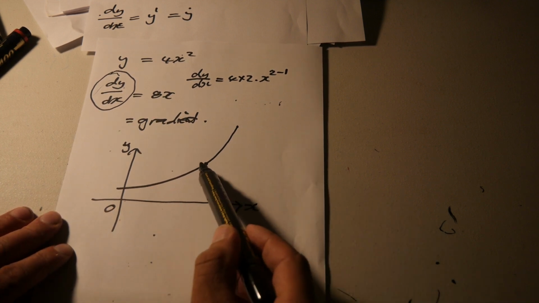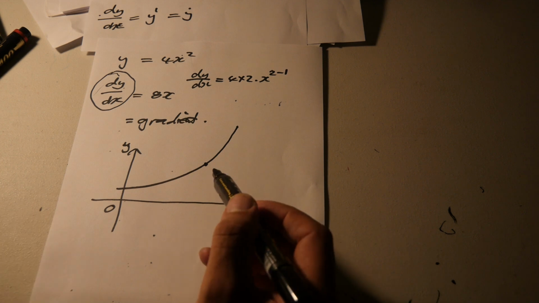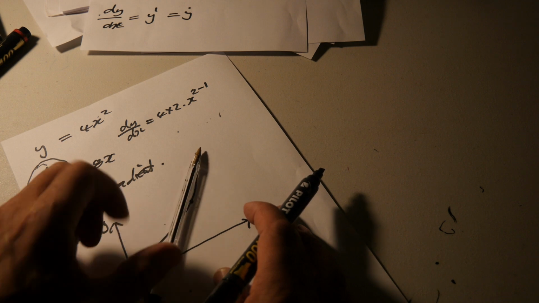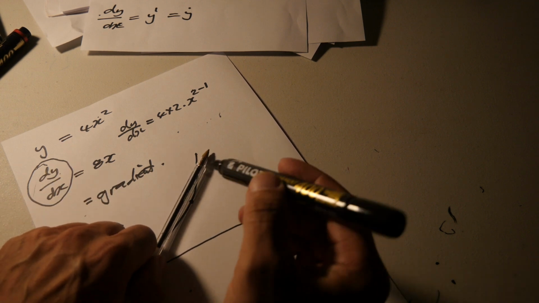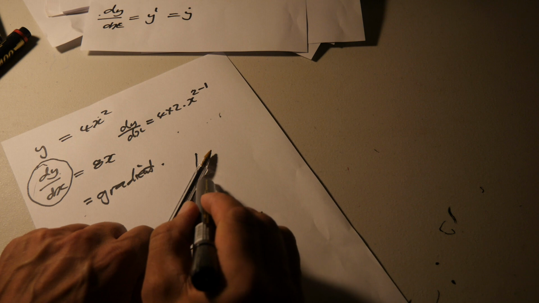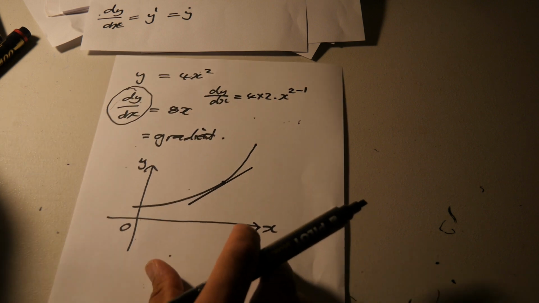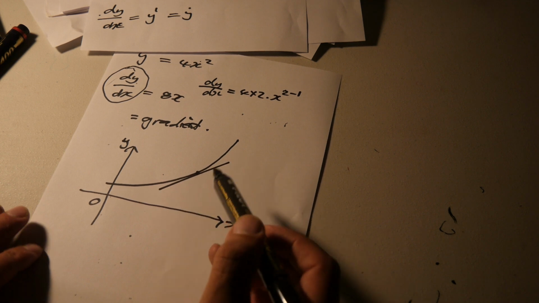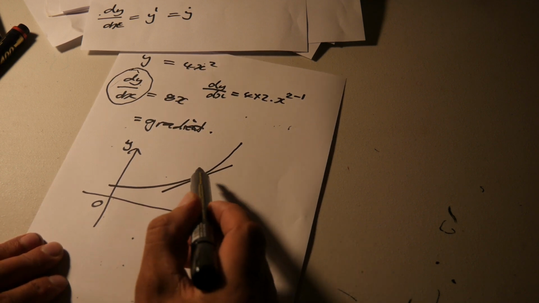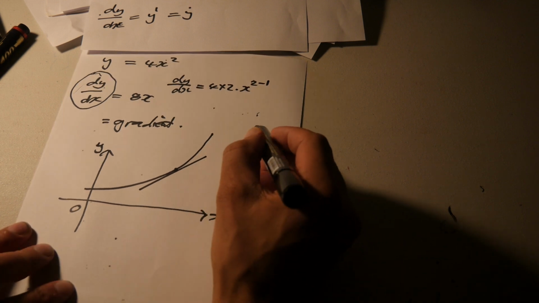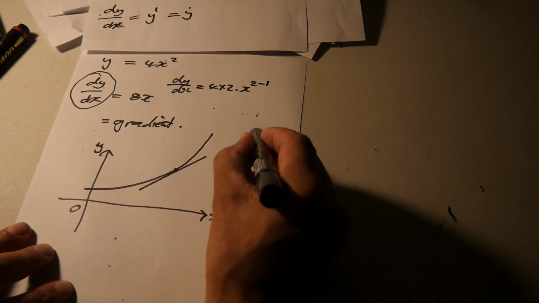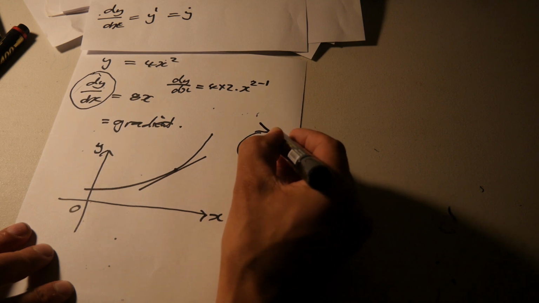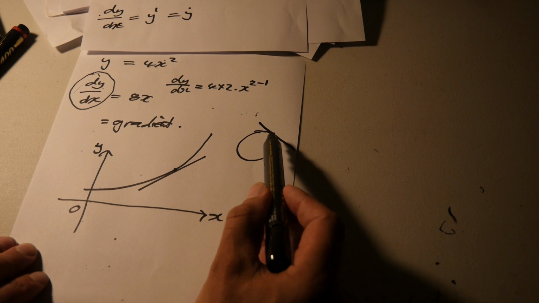And so the gradient means that, improvised ruler, if you have a line going straight through that point, okay, so it's a tangent to a curve, okay? What's the gradient at that point?